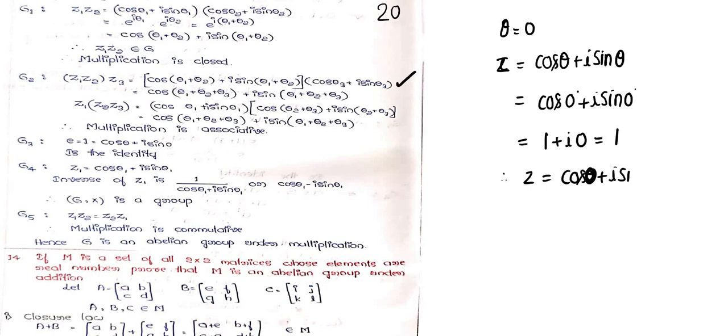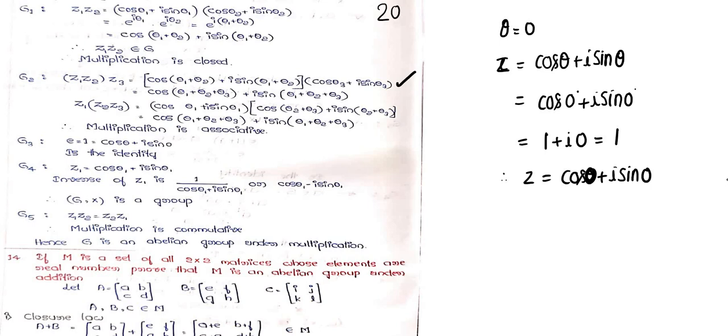Substitute here theta replaced with 0. Cos theta plus I sin 0. We know that cos 0 is 1. Sin 0 is 0. So we are going to get 1. Therefore, z equal to cos 0 plus I sin 0 is the identity element.